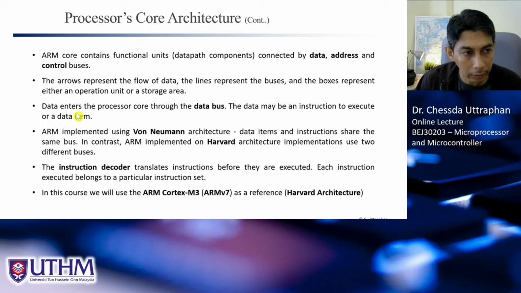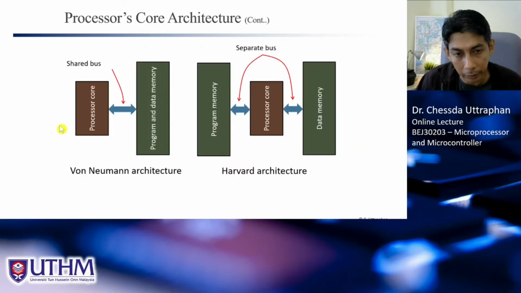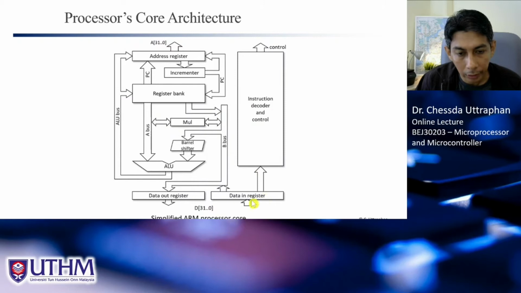The data enters the processor core through the data bus, and the data may be an instruction to be executed or a data item. Yes, just like I said before, what enters here can be an instruction or data. So in a microprocessor we have two types of data actually.